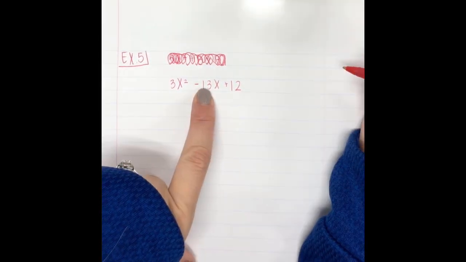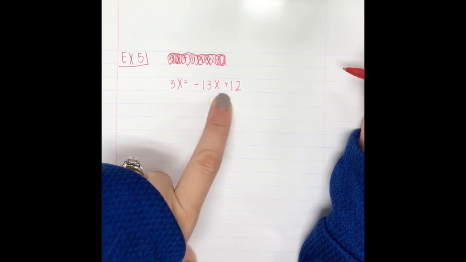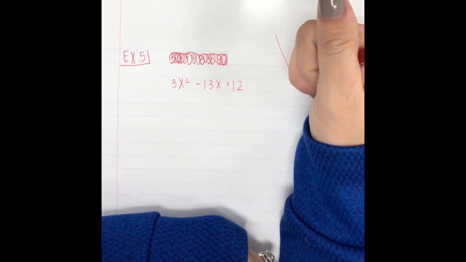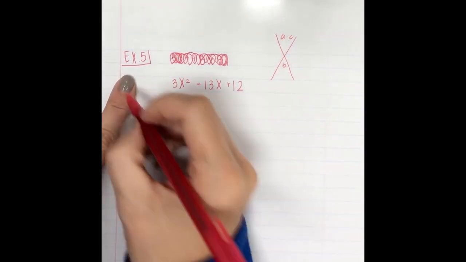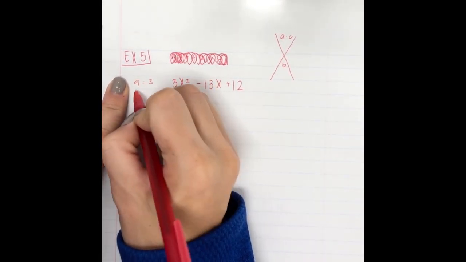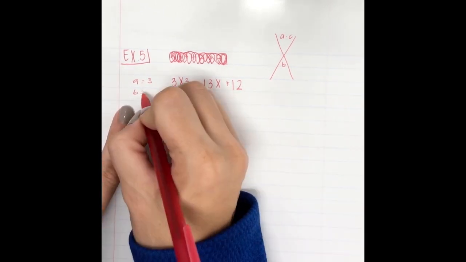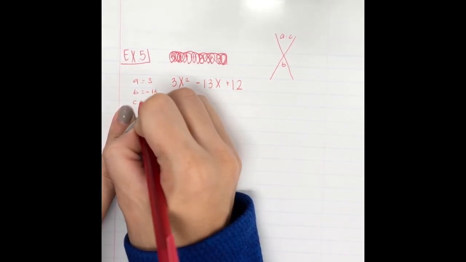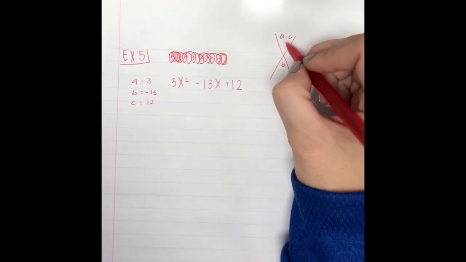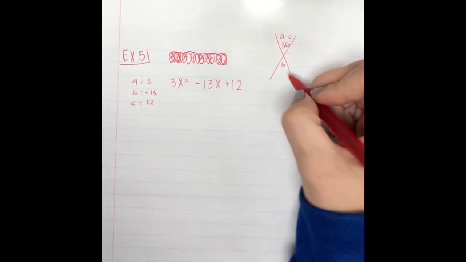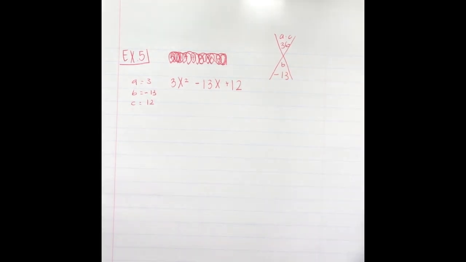So we have a 3x squared minus 13x plus 12. Okay, so we're gonna do our x, a times c, and our b. So my a is 3, b is a negative 13, don't forget that negative, and c is 12. So 3 times 12 gives us 36. My b is negative 13.